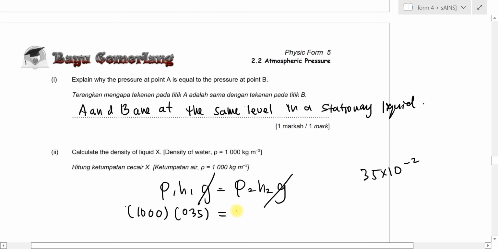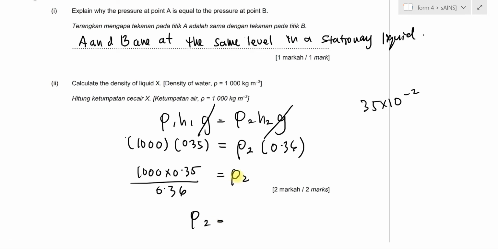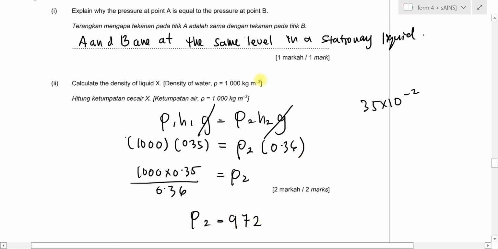Then for here the density of liquid X is what we're going to find, so rho 2 h2. Height is 36 centimeter, so 0.36 meter. So your rho 2 should be 1000 multiplied by 0.35 divided by 0.36, and you will get around 972. Remember its unit is kilogram per meter cube.